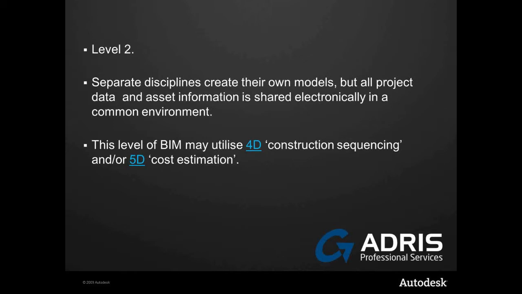So as the model is progressing, the model is updating accordingly and allowing everybody to understand and to share the data and to appreciate the sequencing of the model on any given date. The cost estimation is assigning costs to model elements and updating those costs again in real time.